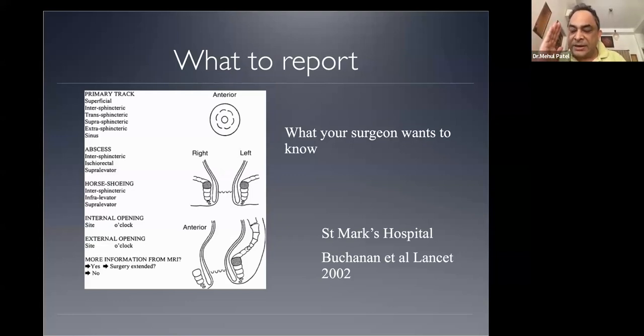It is the widest tract, and on EUA, it is the tract that you feel the most. So that tract should go from the external opening and open internally at 6 o'clock, 7 o'clock, 11 o'clock, wherever the internal opening is, and you connect the two, that is your primary tract. Everything else is a side extension.